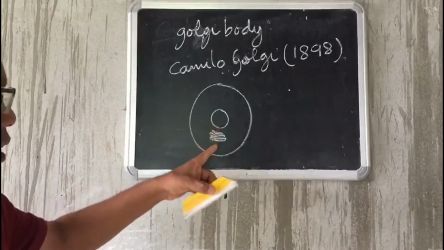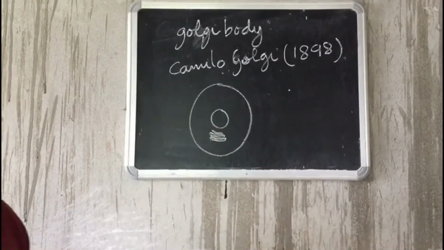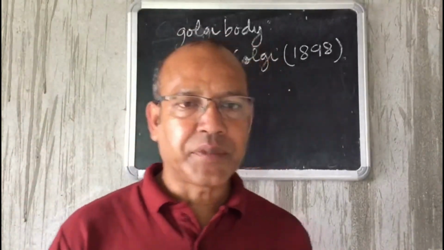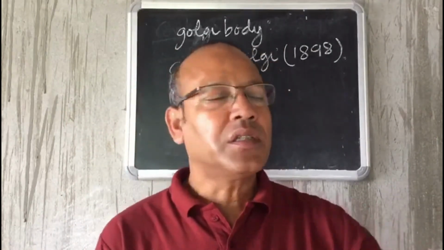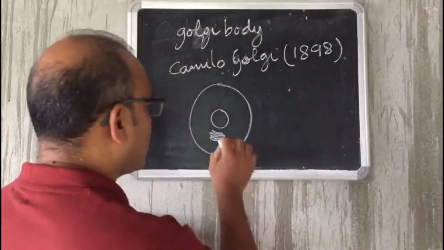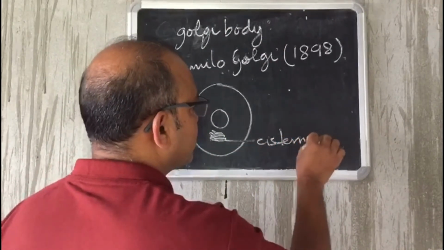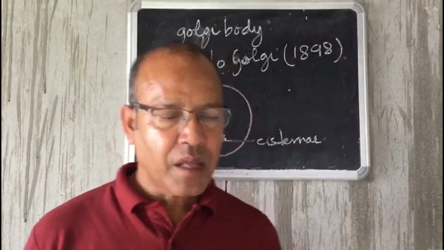This is cisternae, and it is convex in shape. These are flat, dish-shaped structures which are stacked one on top of the other, and these structures are called the cisternae. This is the most prominent structure of Golgi body.